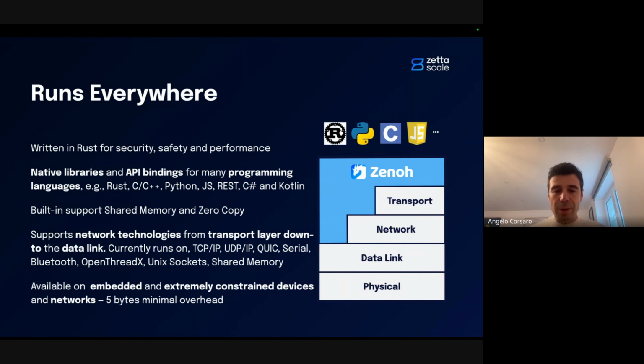The only thing I want to mention is that our shared memory design is quite different from the traditional shared memory design if you have in mind a product like iceoryx. What do we mean by that? That our shared memory design is decentralized, okay? So there is no single daemon.